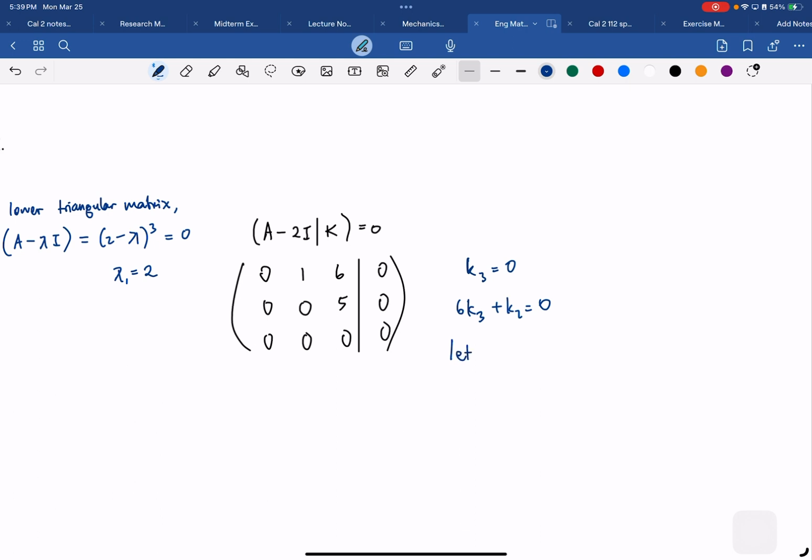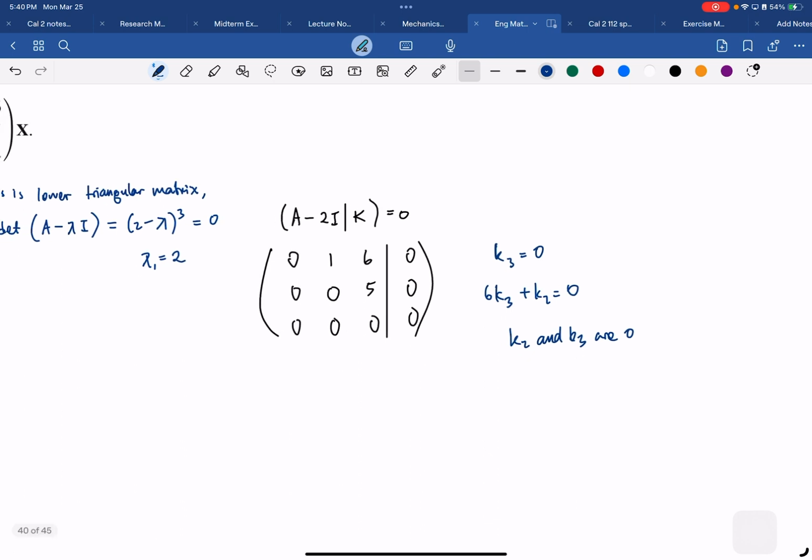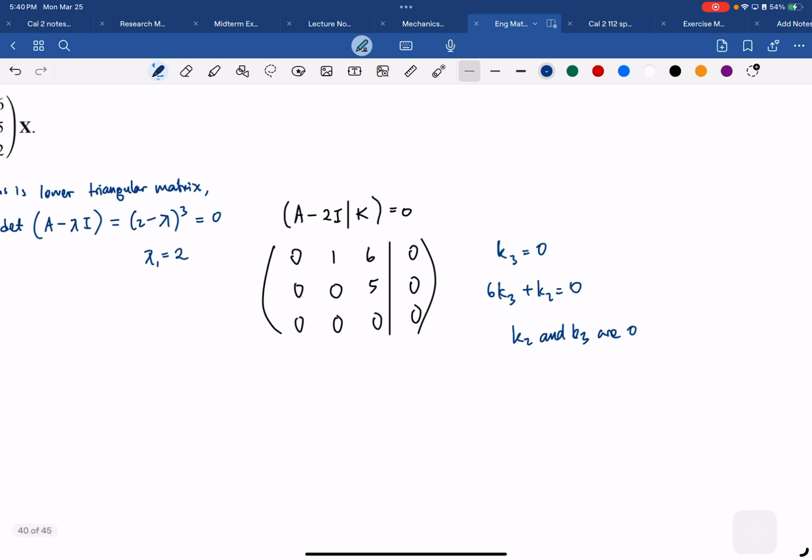So K3 is 0, so K2 is also 0. So K2 and K3 are 0. So the only way this could work will be the single eigenvector.